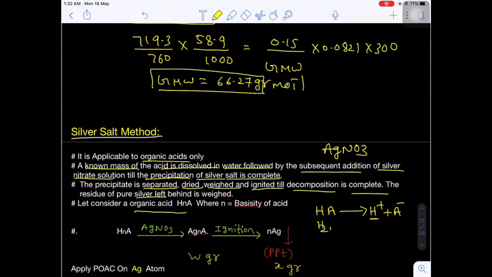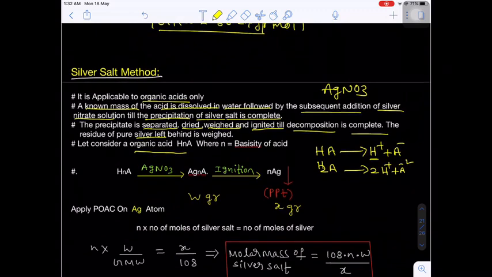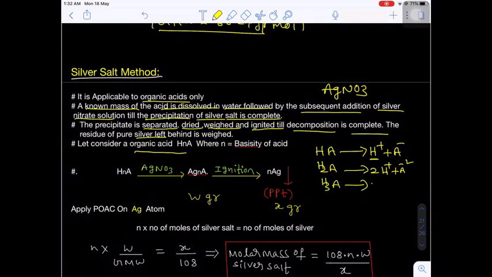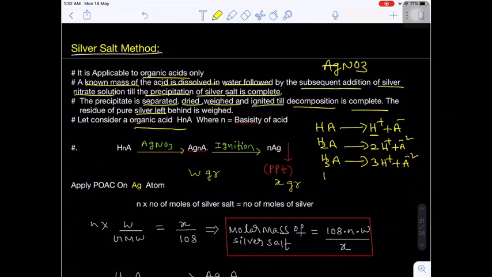If it is dibasic, it gives 2 H plus ions. If it is tribasic, it gives 3 H plus ions. We don't know the basicity of the acid, that's why I am taking HnA as the general formula.